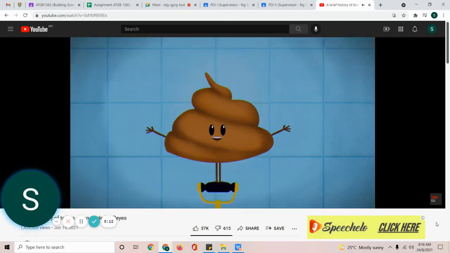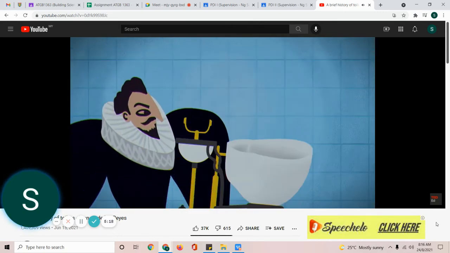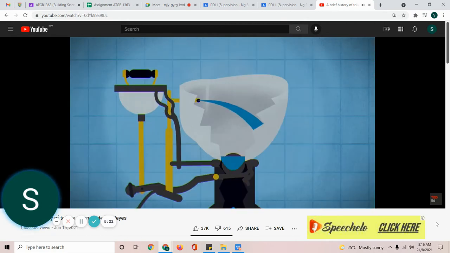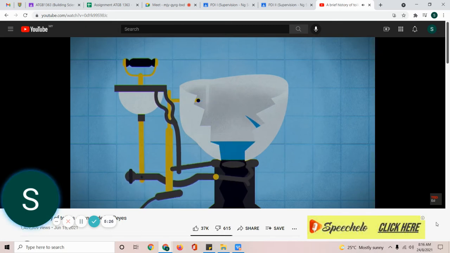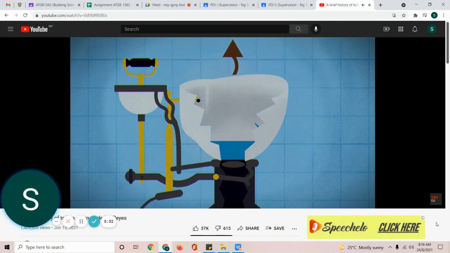The next major leap in toilet technology came in 1596, when Sir John Harrington designed the first modern flush toilet for Queen Elizabeth. Its use of levers to release water and a valve to drain the bowl still inform modern designs, but Harrington's invention stank of sewage.